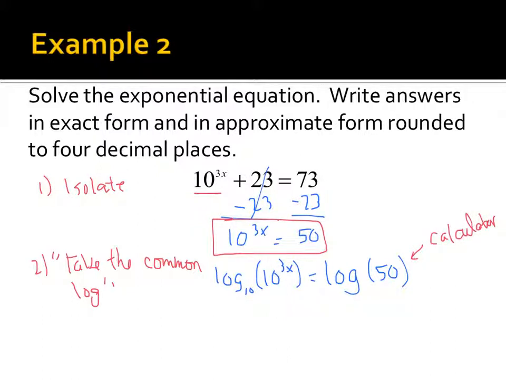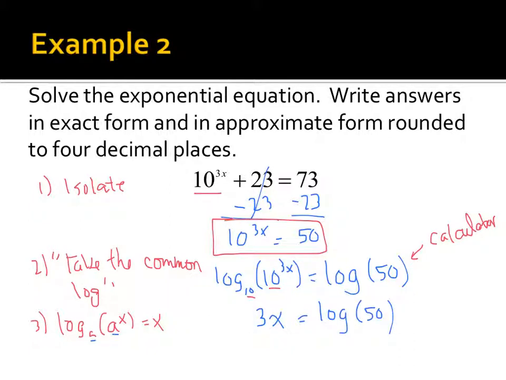But remember, I want to solve. And so what happens is now I use the property that I mentioned before, that when you have the bases matching, you're just going to get x. And that's exactly what I have here. I have the bases matching. And so I get whatever the exponent is, and the exponent is 3x. So 3x is equal to log 50.